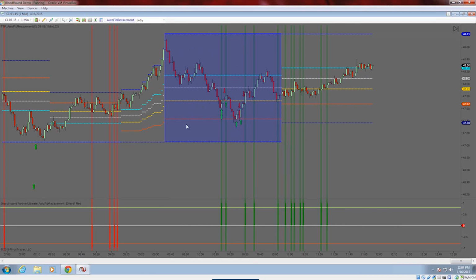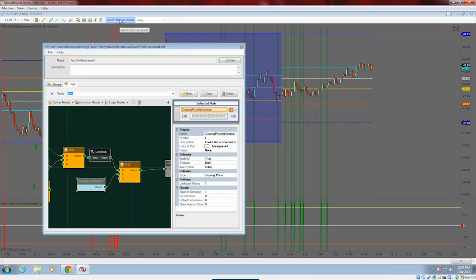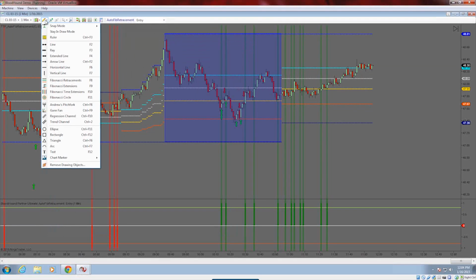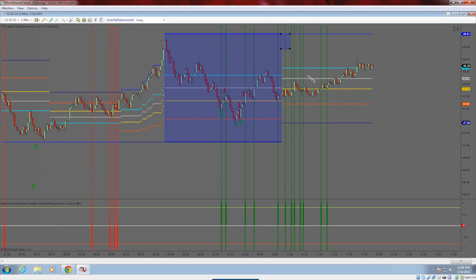Okay? Let's just kind of define a swing like that, where all the fibs are always the same level. Then we have another swing here, where all the fibs are the same level. And then another one here. Let's say we want to only allow one trade, one signal per swing, per the number of bars where all the fibs are the same level.